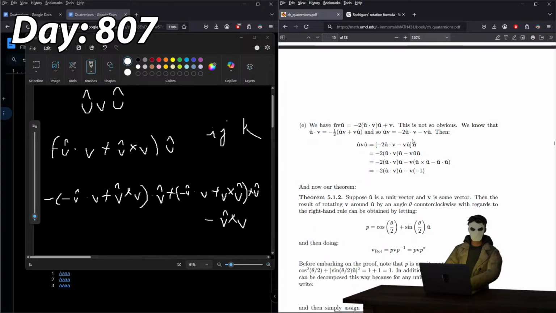This is painful. This is really painful. I don't like it. It's not fun. 2u dot v minus vu. I don't know, maybe I should skip the maths. Maybe I should skip the maths of this. Maybe that's the solution.